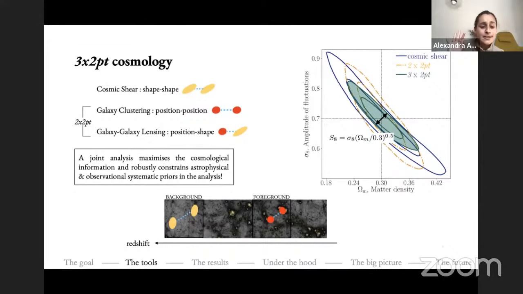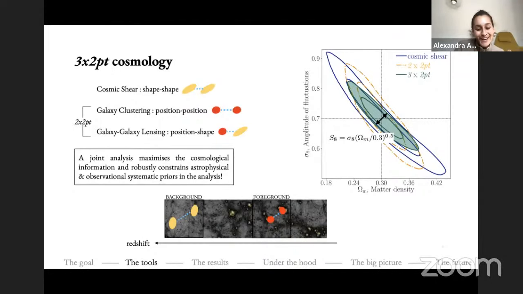And you can see in the plot on the right-hand side that the cosmic shear and the 2x2, as we call them, so we call the clustering plus galaxy-galaxy lensing 2x2. So in the end, we have two sets of contours. The cosmic shear and the 2x2 constraints shown there in blue and yellow respectively, they have a bit different degeneracy directions, and so they're complementary.